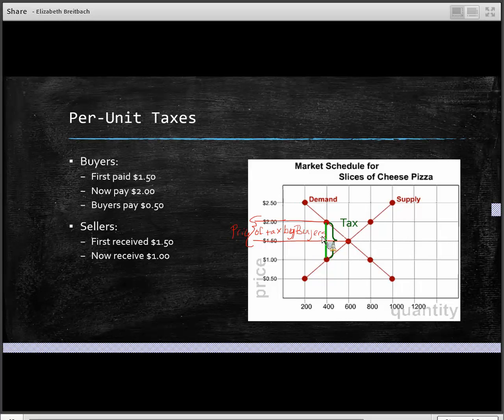All right, and so the total tax, remember, is $1. So the amount the buyers pay plus the amount the sellers pay should be equal to $1. And so buyers pay 50 cents of the tax, sellers pay 50 cents of the tax, for the total tax of $1. And this is what we call the tax incidence.